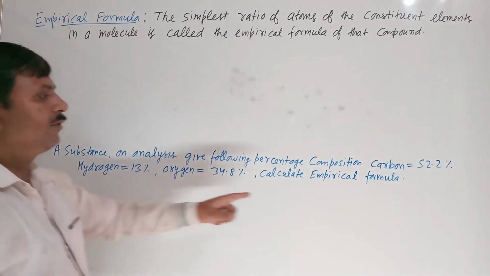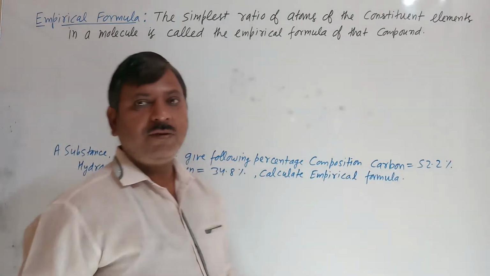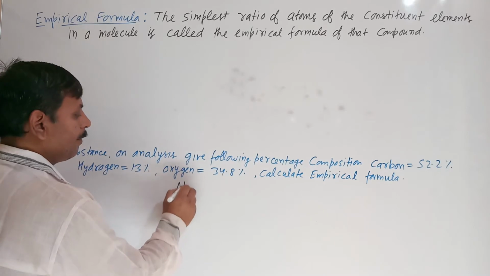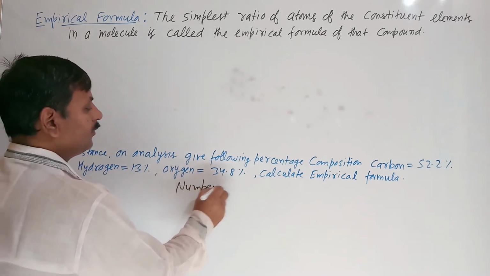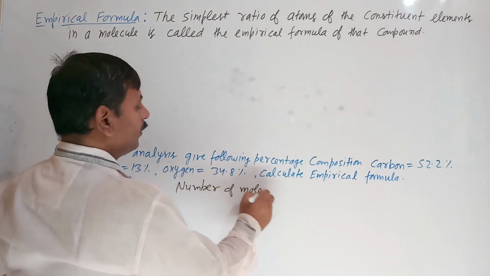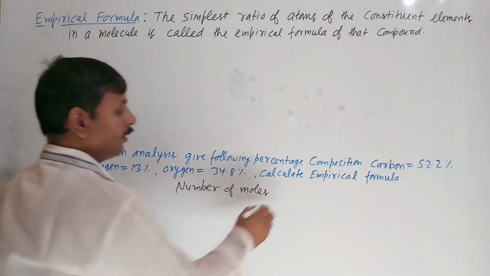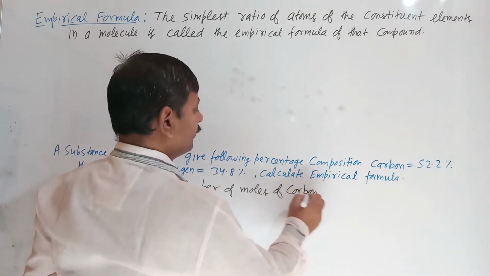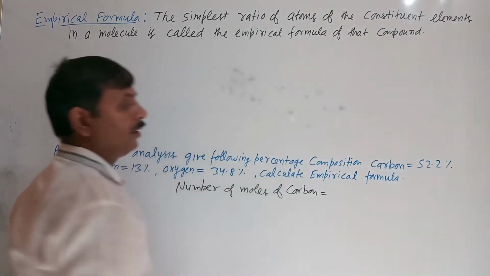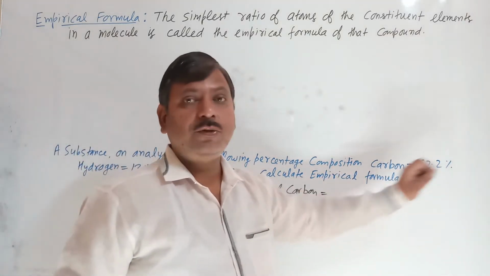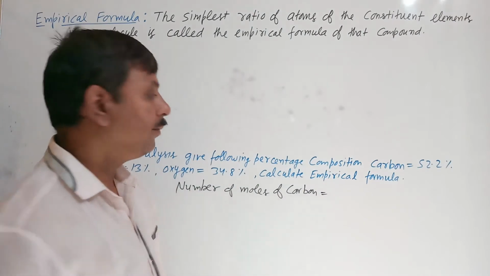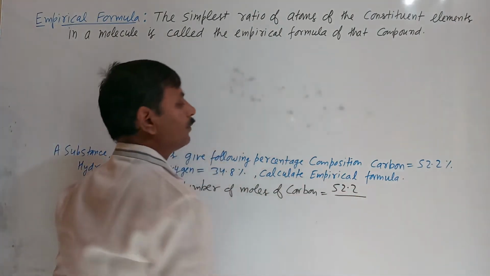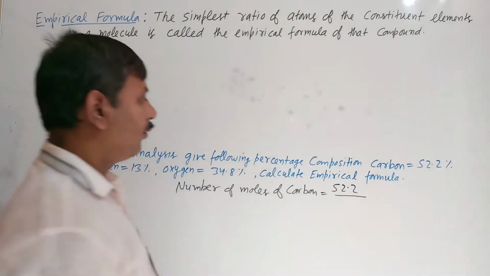Suppose in this question carbon is given as 52.2. How many moles of carbon are present here? Number of moles of carbon: they have given 52.2%, and the atomic mass of carbon is 12.